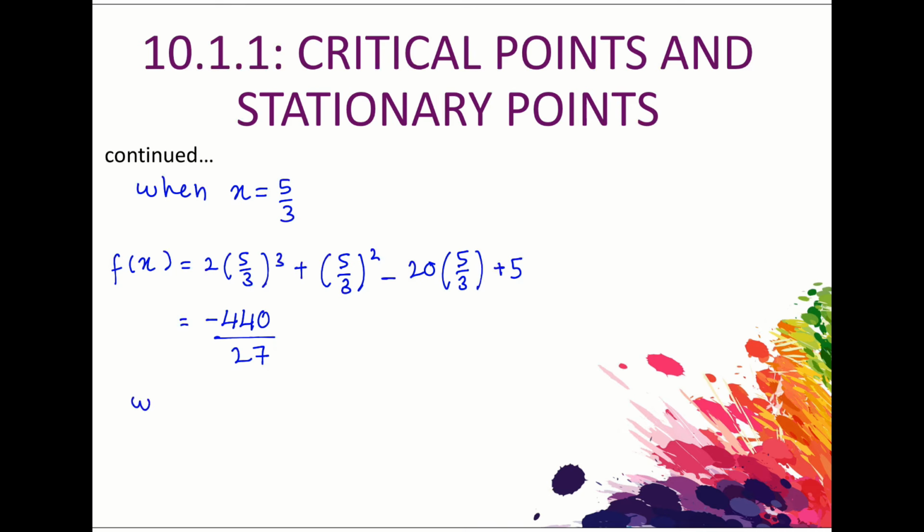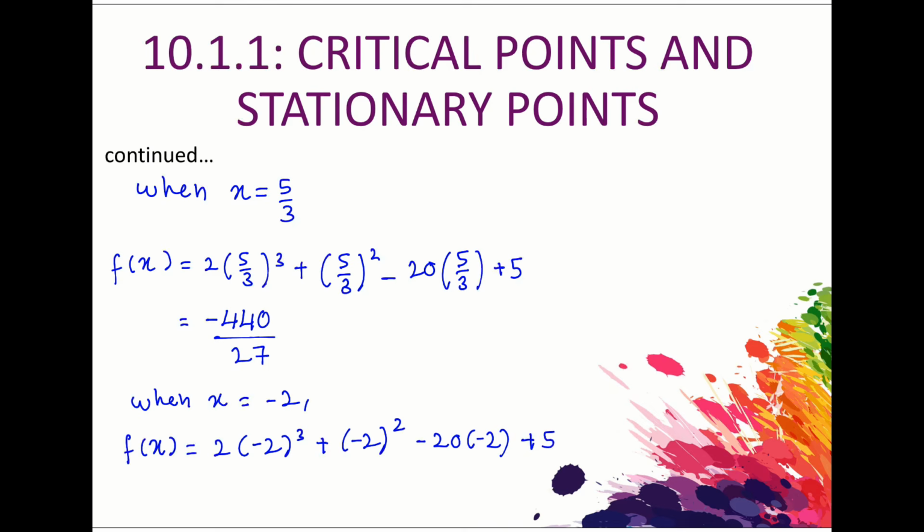And when x is equal to negative 2, f(x) is equal to 2 times negative 2 cubed plus negative 2 squared minus 20 times negative 2 plus 5, which is equal to 33.